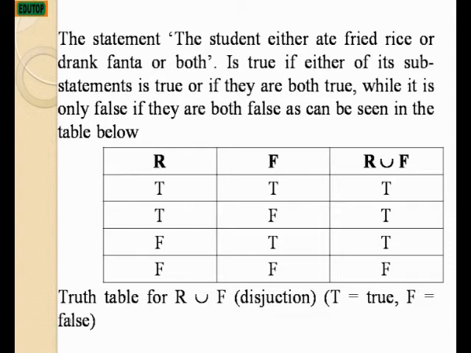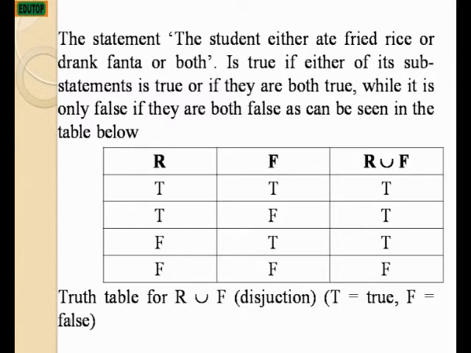Now, in a situation whereby a student ate fried rice and also drank Fanta, then our R union F is true. In a situation whereby a student ate fried rice but didn't drink Fanta, that is, the Fanta finished before he was able to get it, then R union F is true, because one of the statements is true.